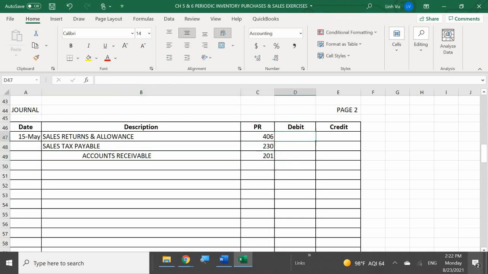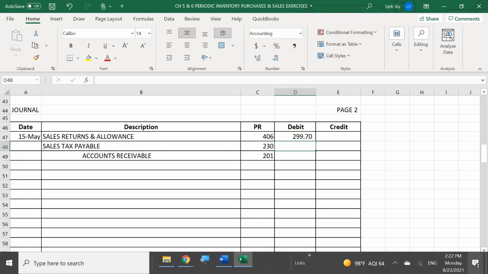So therefore, if we sold 60 mugs at $9.99 each and customer B is trying to return 30 of them, how much is my total sales returns and allowances? $299.70.